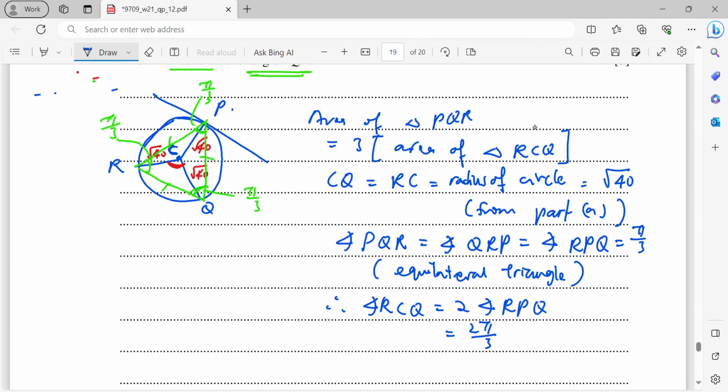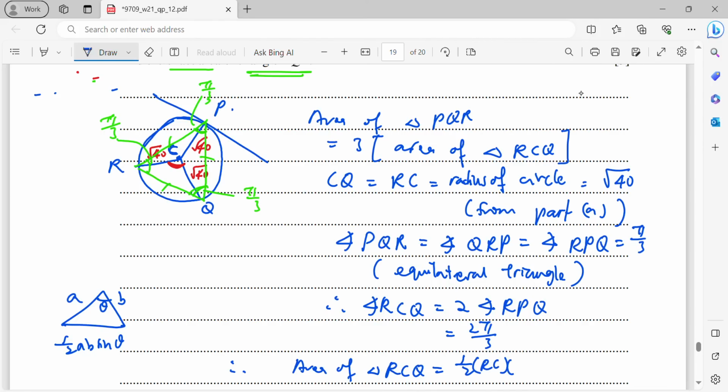Alright, so now area of triangle RCQ is half. Now we have a formula here. If let's say here AB here theta, then it will be half AB sine theta. Therefore this is half RC CQ sine angle RCQ.